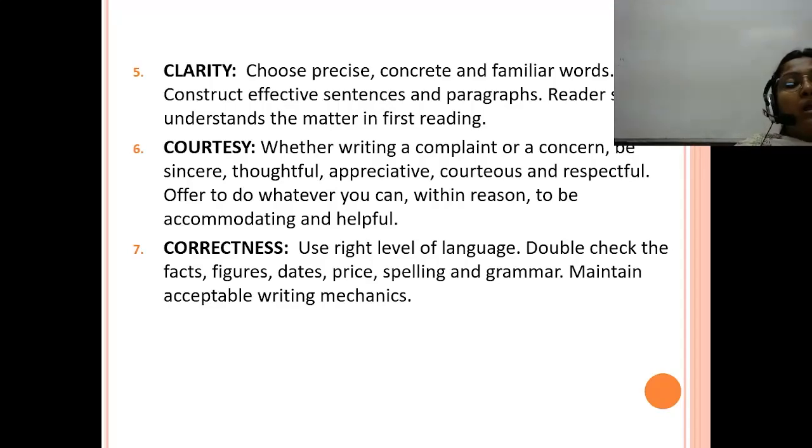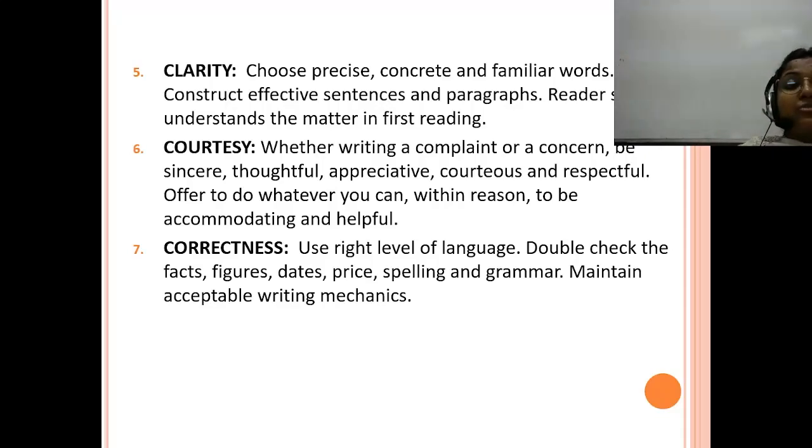Courtesy is more important and advantageous in business writing than in face-to-face communication or conversation. Courtesy strengthens messages, preserves existing relationships and makes new friends. It is a goodwill business measure.